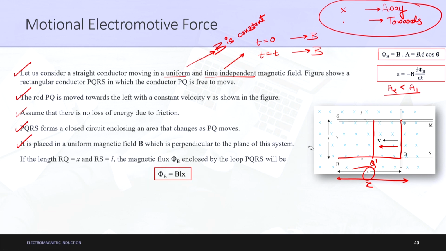Why is it BLx? At this instant phi B is nothing but B dot A, a dot vector product. So, it is B into A into cos theta.